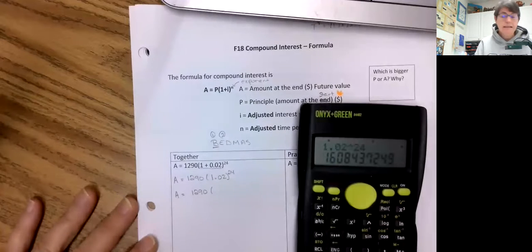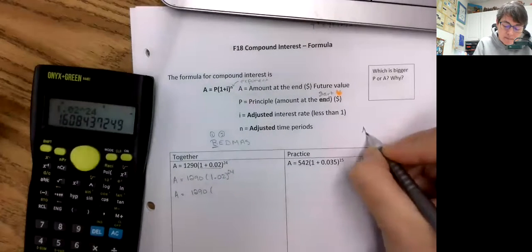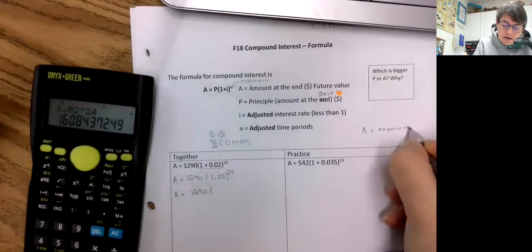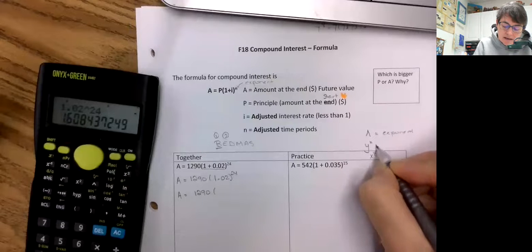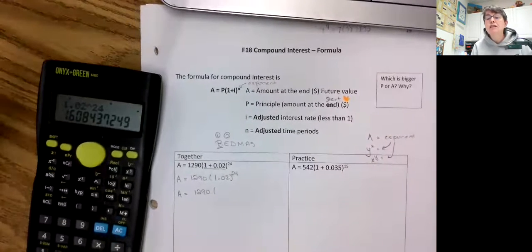If your calculator doesn't have a caret button like this, you will sometimes have x to the y, or y to the x. All three of these are basically your exponent key.